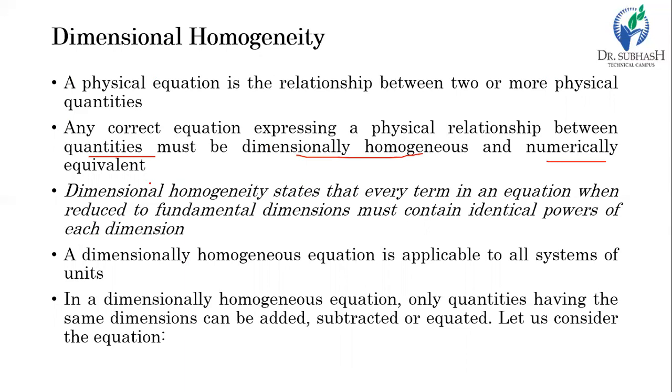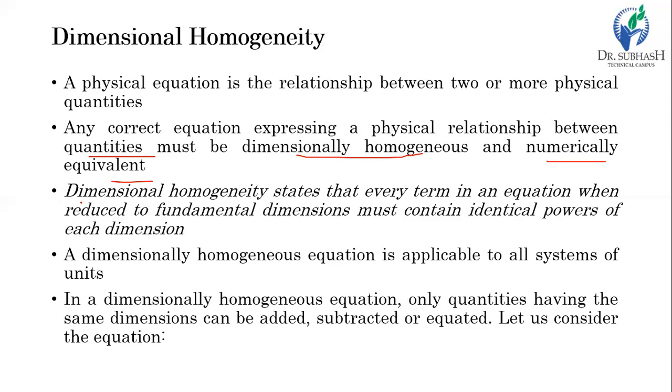So dimensionally homogeneous means when you reduce the quantities of any equation to fundamental dimensions, then the left hand side and right hand side have equal fundamental dimensions on both sides. You can take any equation. In other terms, if an equation is not dimensionally homogeneous, then the equation cannot stand, or it cannot be valid.